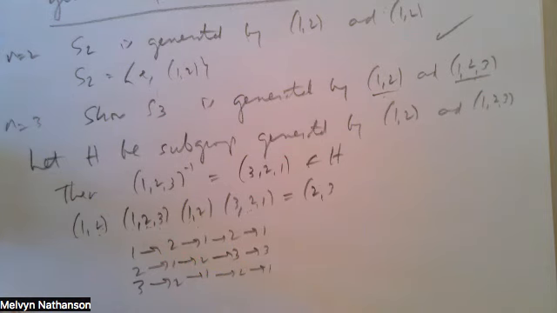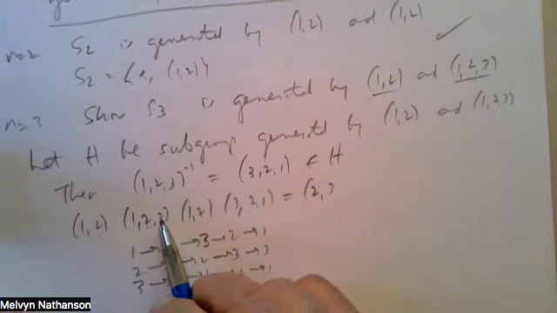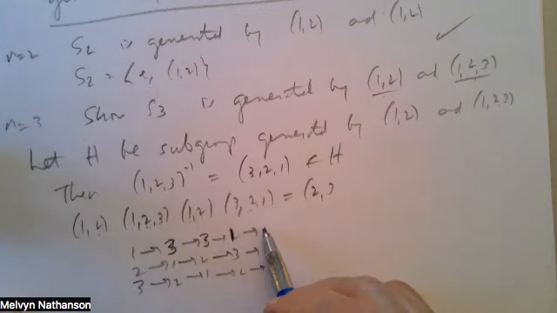So 3 goes to 1. Something's not right about that. Let's see. 3 goes to 2, 2 goes to 1, 1 goes to 2, and 2 goes to 1. Oh, sorry, I did this wrong. 1 goes to 3, 3 goes to 3, 3 goes to 1, and 1 goes to 2. So 1 goes to 2.